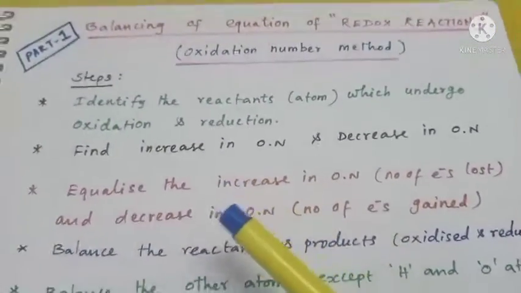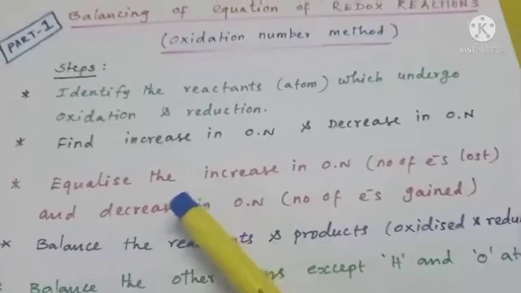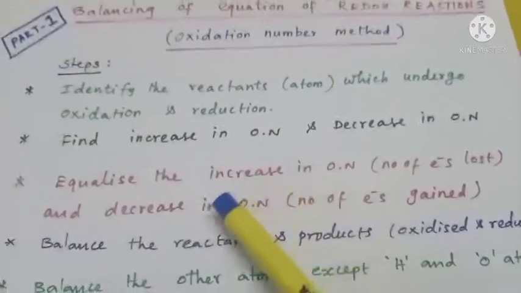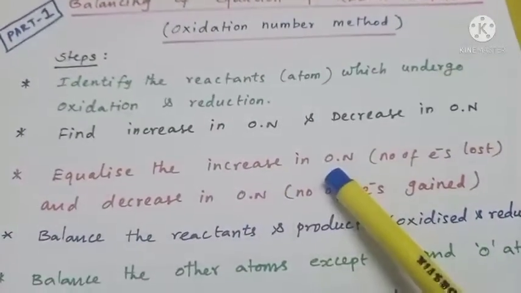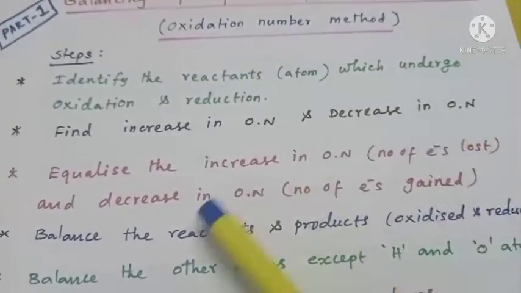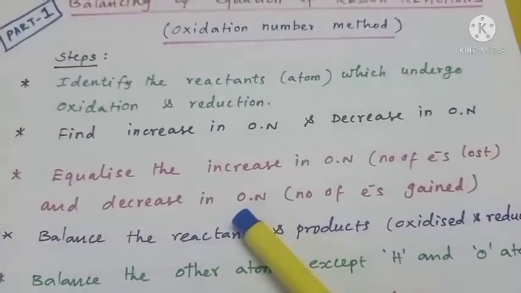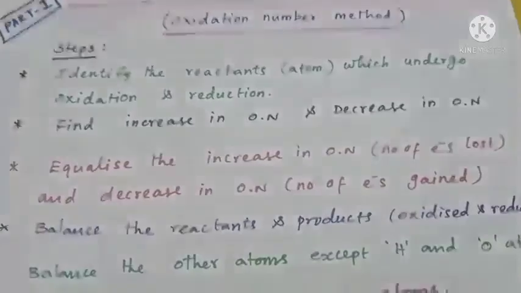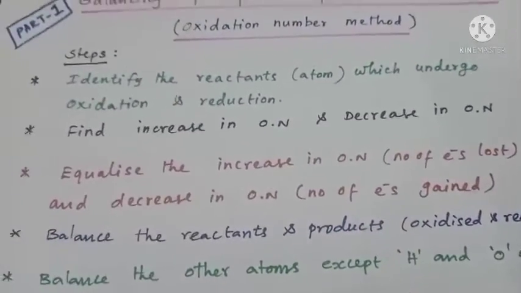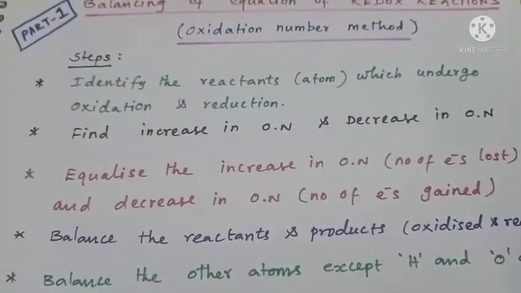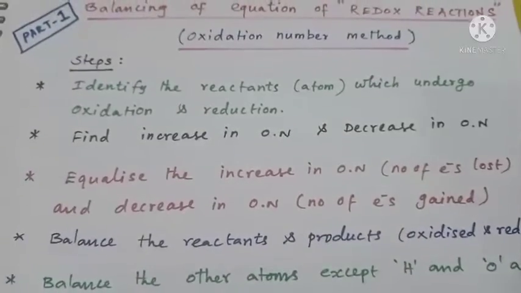They may be different. So after that you have to equalize both. You have to equalize the increase in oxidation number, or the number of electrons lost, and the decrease in oxidation number, otherwise the number of electrons gained, which means you have to balance the number of electrons lost and gained in the given redox reaction.